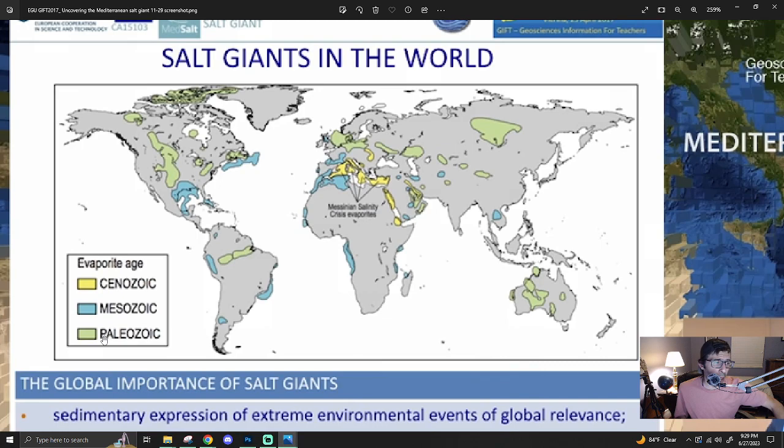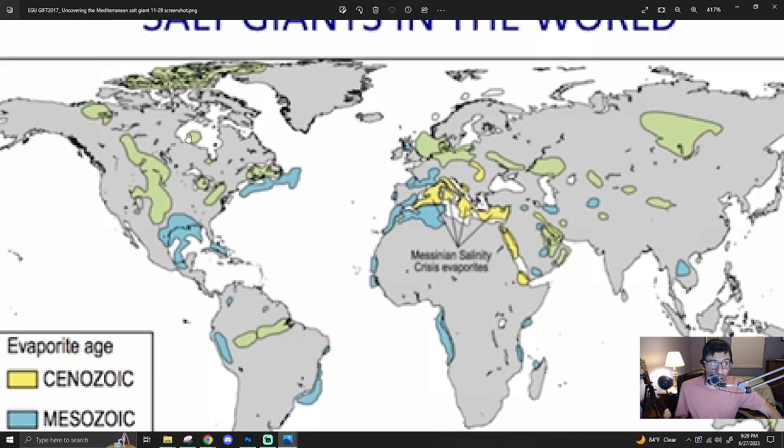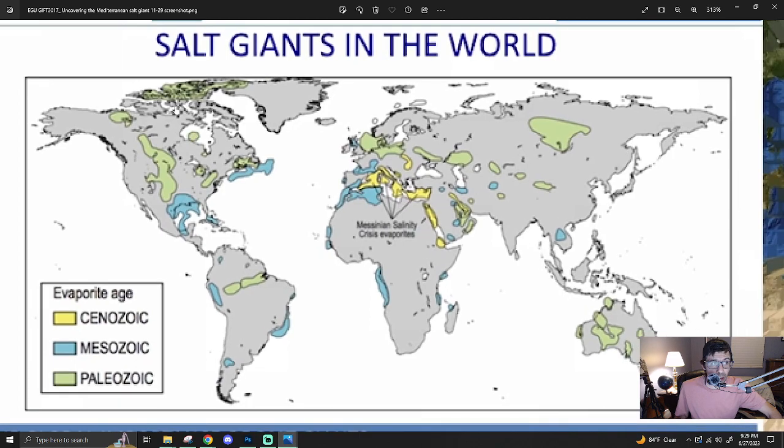Also, Paleozoic. Notice where the Paleozoic salt giants in the world are found. We've got the center of Hudson Bay, where the eddy is forming. And then notice where I'm putting this eddy. Along the boundaries of the eddy, it's depositing along the boundaries. And then it has a current that flows out this way, that then goes over this way.